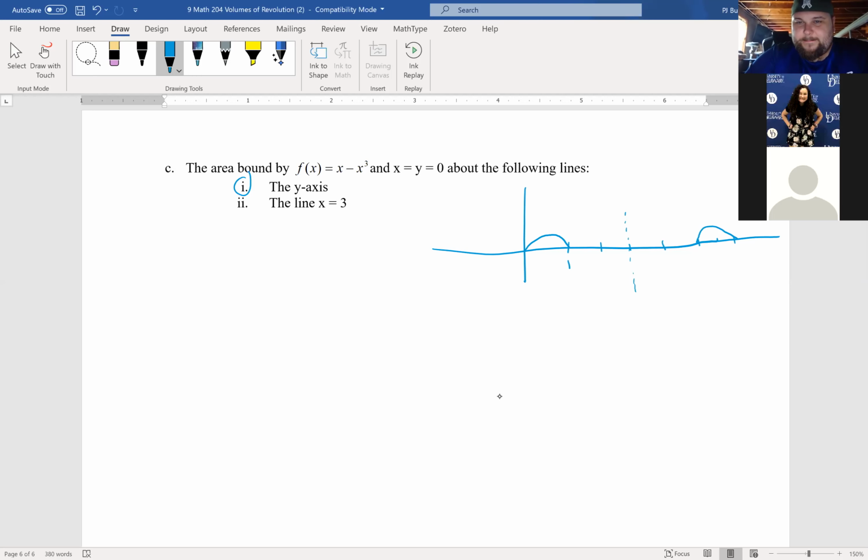So something like that. Again, I need to take a little slice. Same thing over here. Forgive my drawing skills. Okay, so that's half of a cylindrical shell.